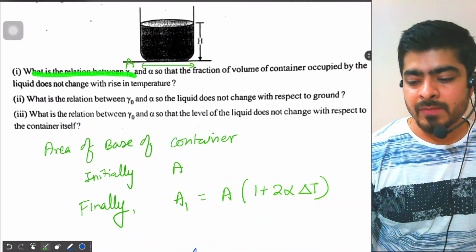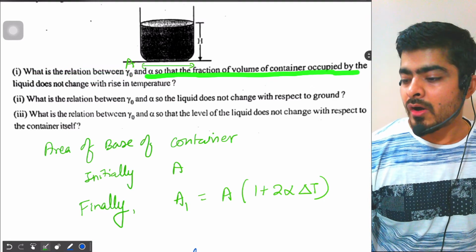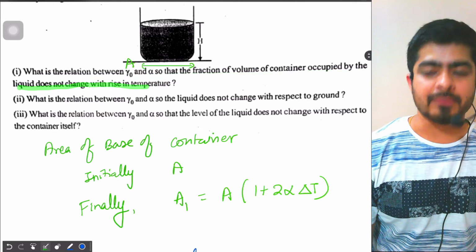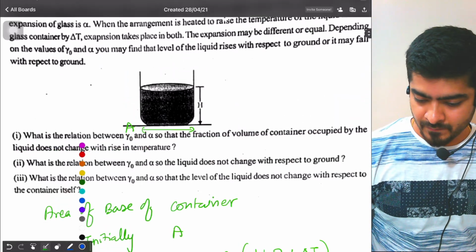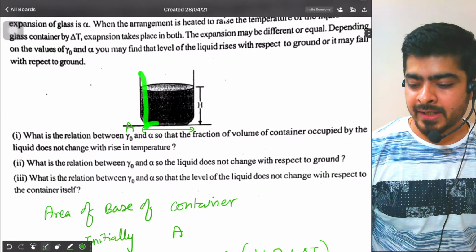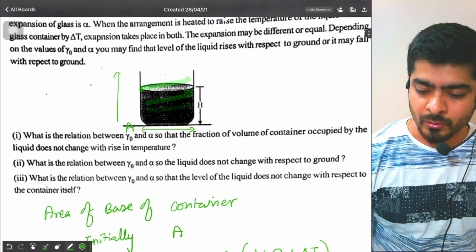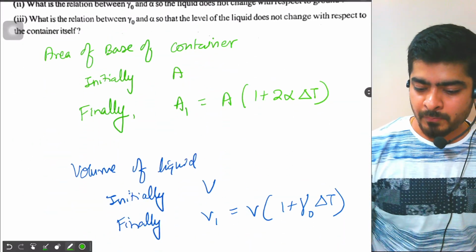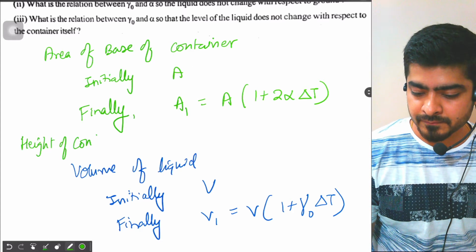Now let's go to the question. What is the relation between gamma naught and alpha so that the fraction of volume of container occupied by the liquid does not change with rise in temperature? So fraction of volume occupied means what? The area of cross section is the same throughout. So let's say that the initial height of the container is y. Let's add one more parameter, height of container.